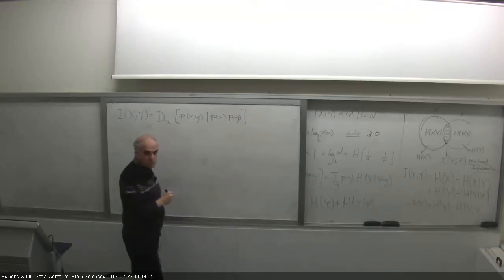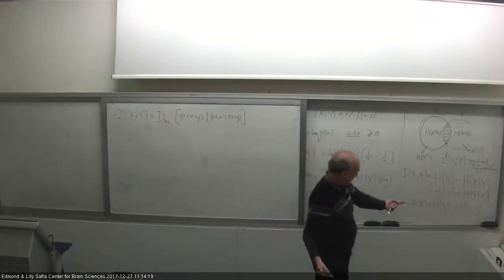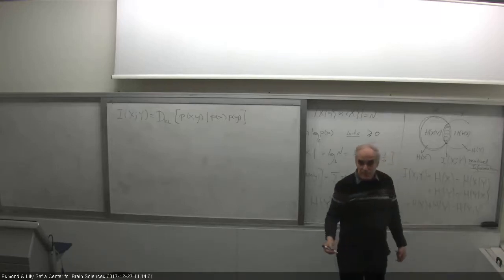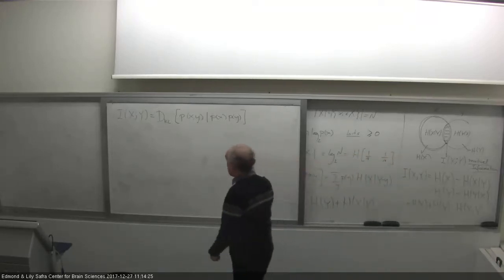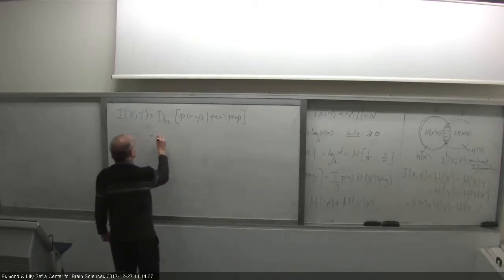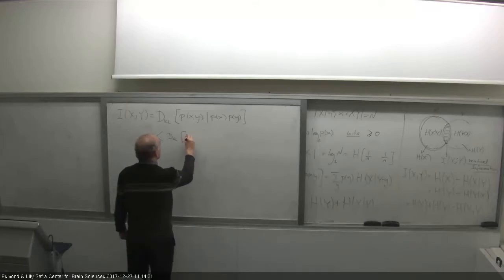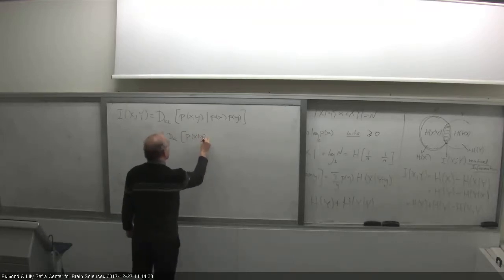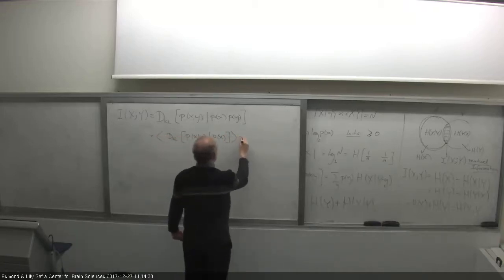Okay? So then this is trivial from this. But of course I can write it in two other ways. So it's the average KL divergence between P(x|y) and P(x), or it's average over y in this case.